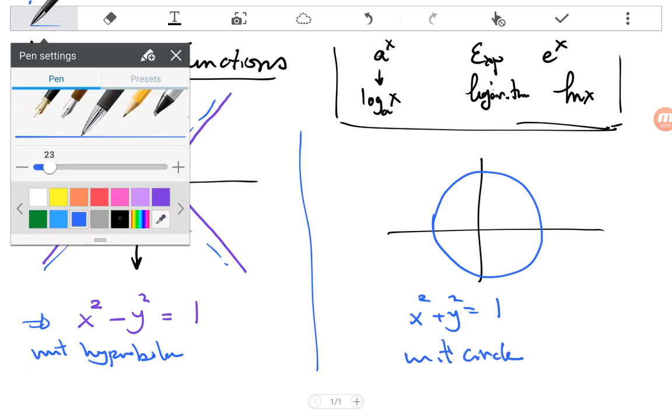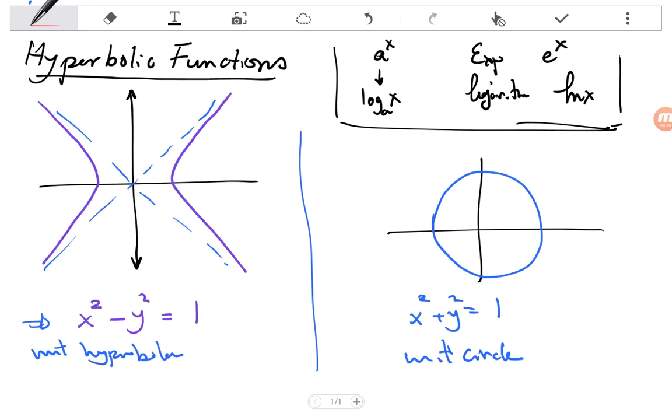If we remember, we defined some functions depending on the unit circle, and we called them circular functions. What were these? These were the trigonometric functions. If you remember, the coordinates of a point moving on a unit circle are just cosine of the angle and sine of the angle.